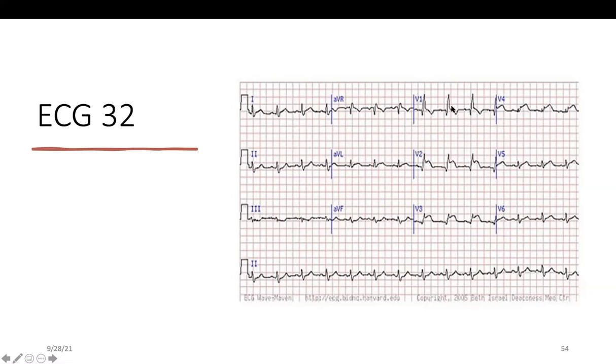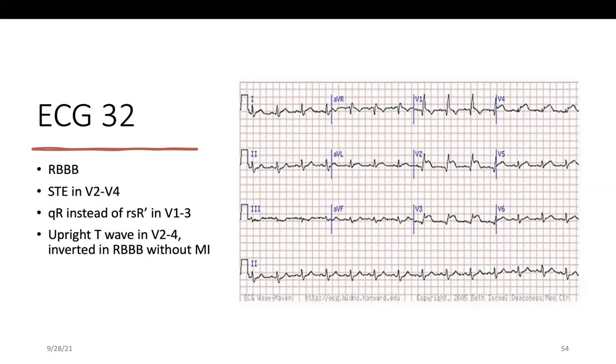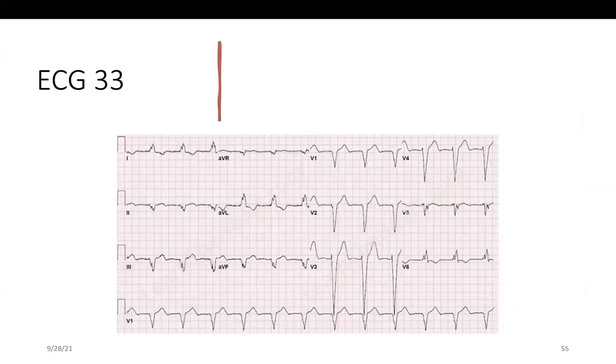So as you say, this is right bundle, and as we said, right bundle does not interfere with the diagnosis of myocardial infarction. This is most likely a proximal LAD occlusion, with extensive MI. Once you see right bundle, it's either left main or proximal LAD. 33.